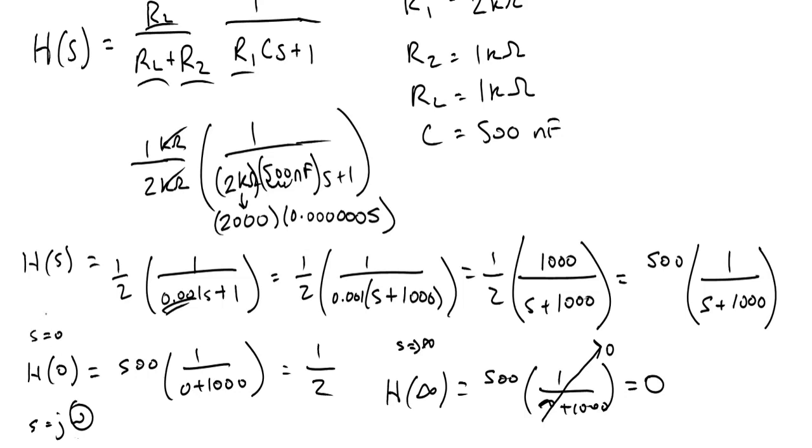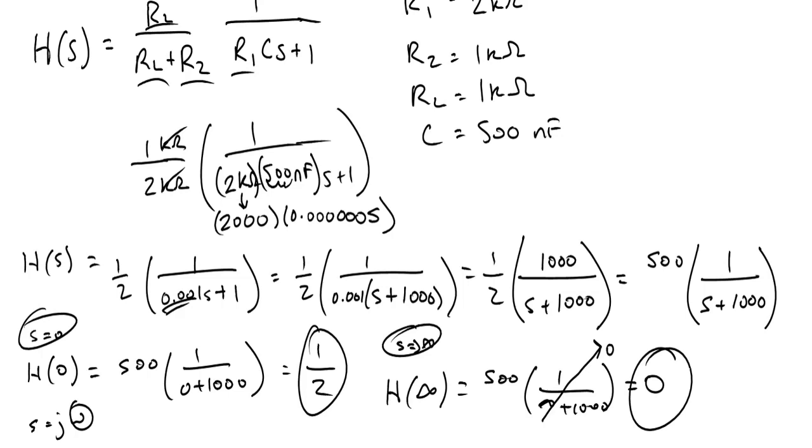So what it's saying here is that when you have a low frequency, down to DC, which is 0, we have this 1/2 gain. That's our transfer function gain. And when s is approaching infinity, at very high frequencies, we have no gain, 0. So when something allows a signal through at low frequencies, that means we have a low pass filter.